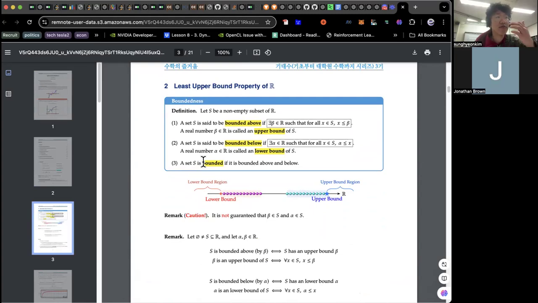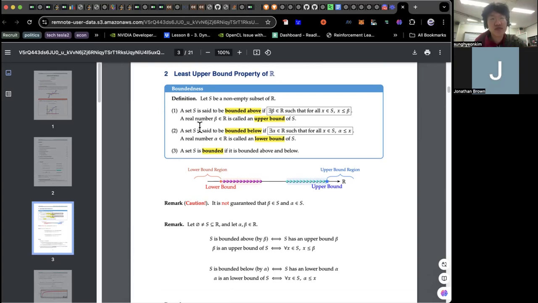If I speak about the definition: say a subset E of the real numbers is bounded, then there is a beta which is the least upper bound of E if beta is an upper bound of E, and if any number smaller than beta is not an upper bound of E. Then we can define the least upper bound of E, and the supremum of E is beta.